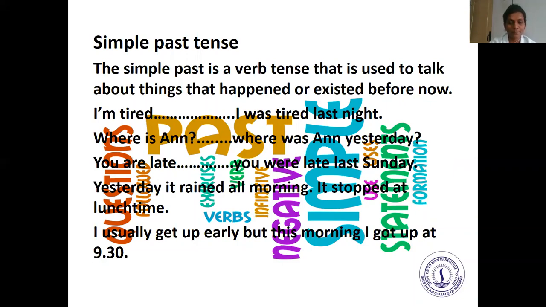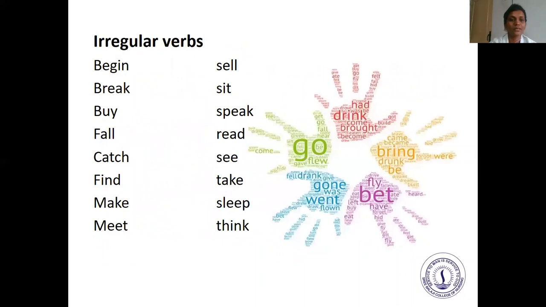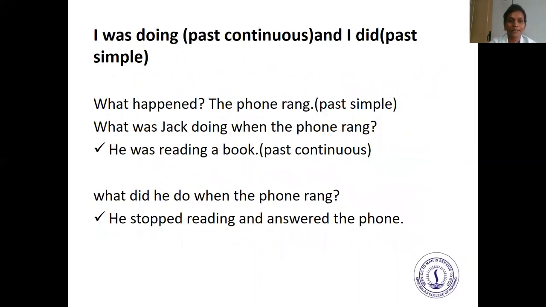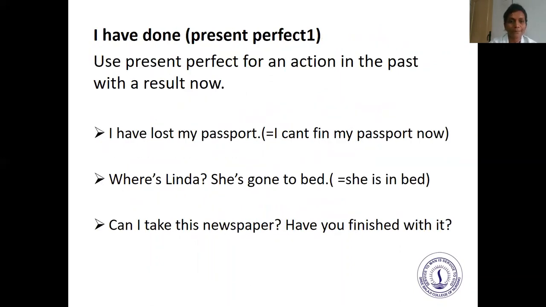And get is an irregular verb, and got is the simple past of it. We have seen some irregular verbs and their past forms. And I taught you past continuous tense and past simple, how to use past simple and how to use past continuous.